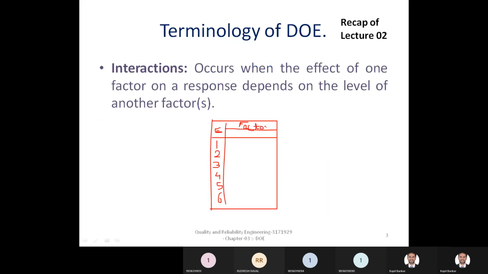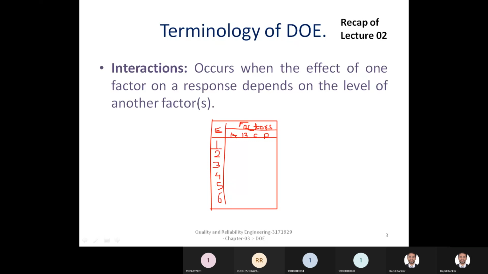Here some factors are there, suppose factor A, B, C, and D.